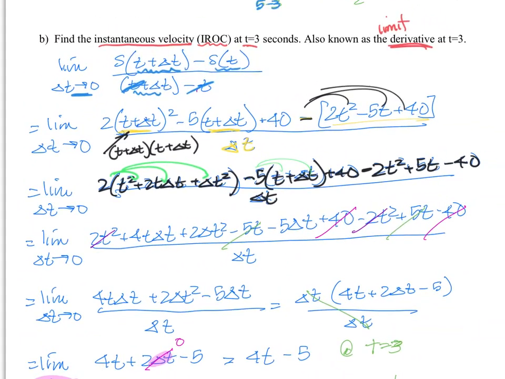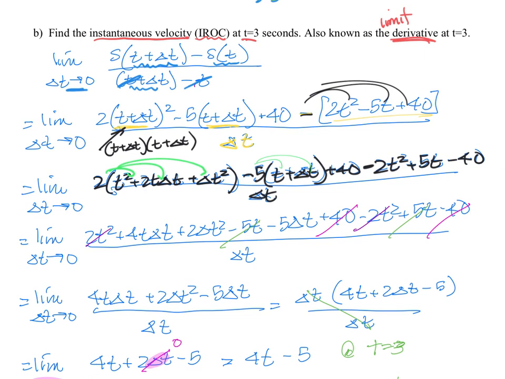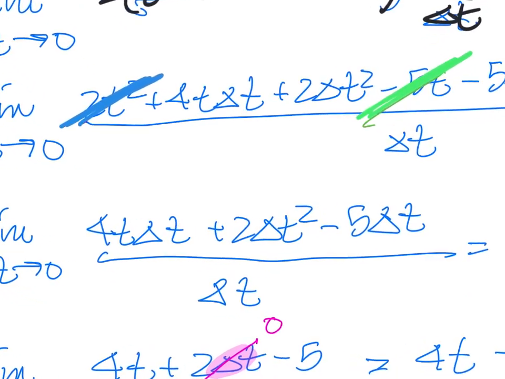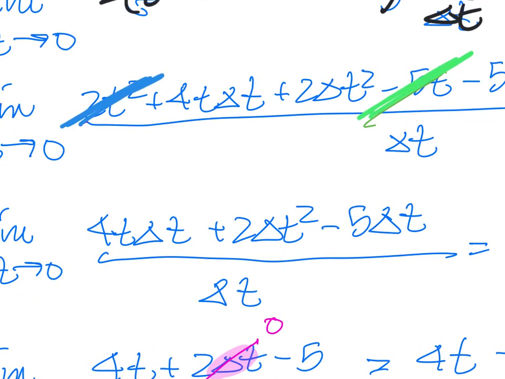So now when you look at this, what you will notice is the 2t squared and that minus 2t squared, those go to 0. The minus 5t and the plus 5t go to 0. The plus 40 and the minus 40 go to 0. We are left with this: 4t delta t plus 2 delta t squared minus 5 delta t all over delta t.